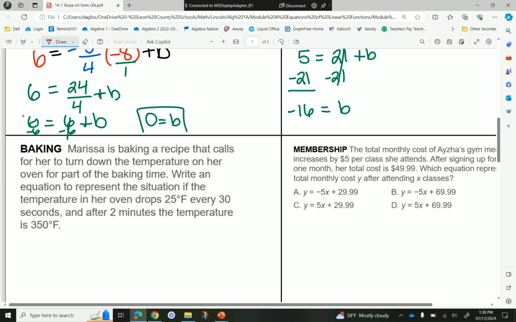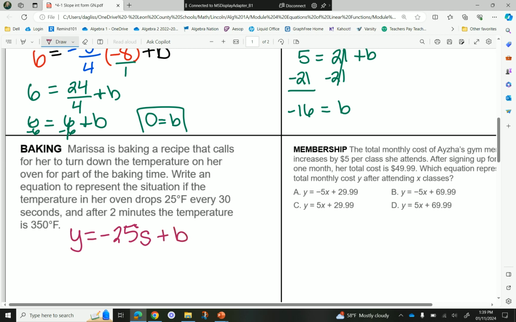So we have y equals, we know it's dropping 25 degrees every 30 seconds. So you want to put an S right here for seconds? Is that okay?